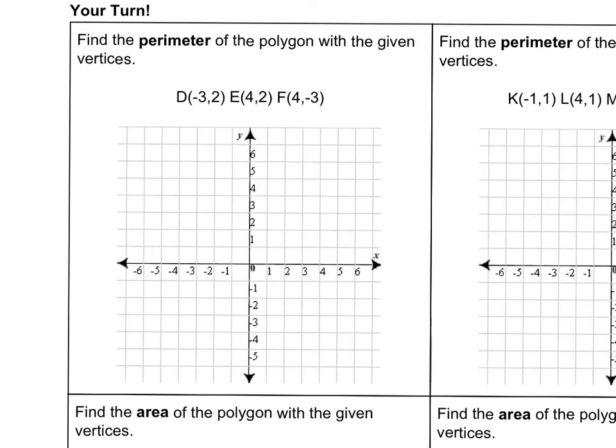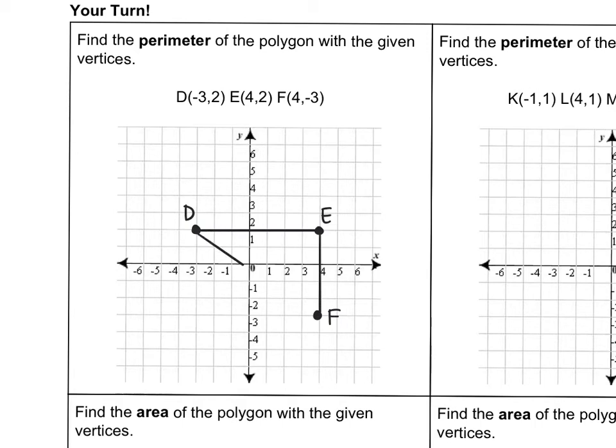So first thing I'm going to do is graph them. D at -3, 2. E at 4, 2. And F at 4, -3. Once I graph it, I'm going to go ahead and use a straight edge to connect those vertices to actually draw my triangle.